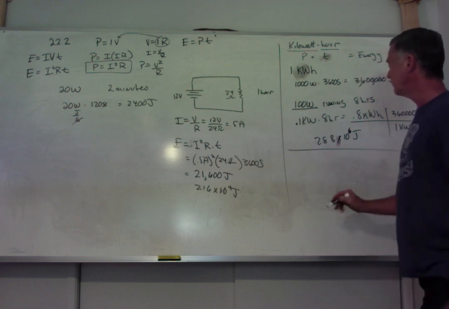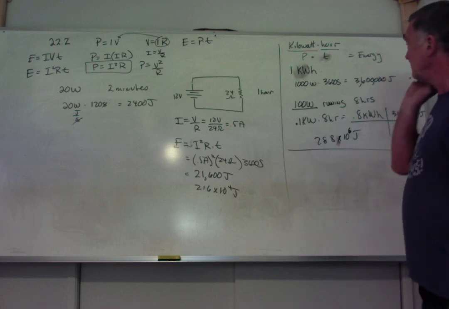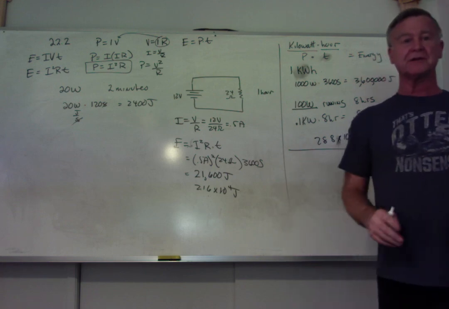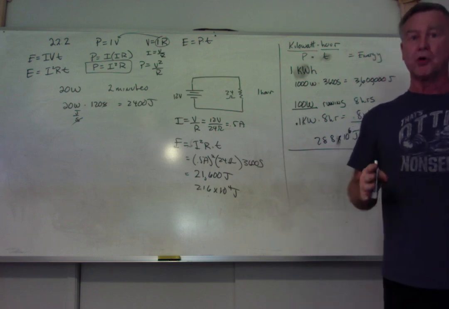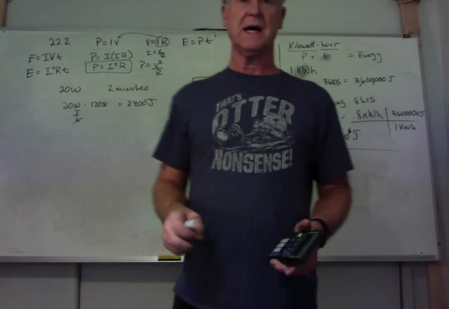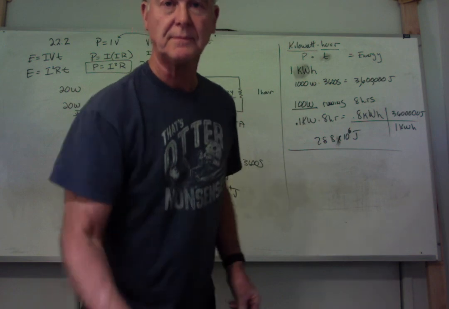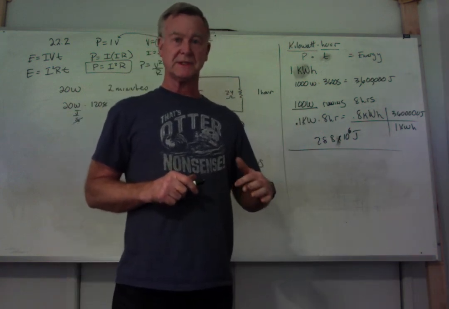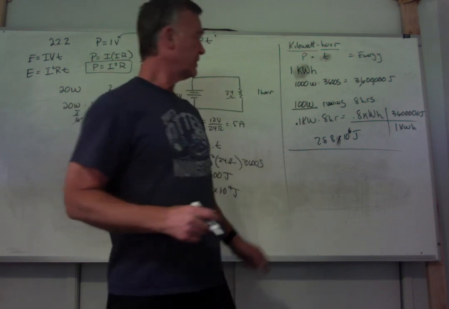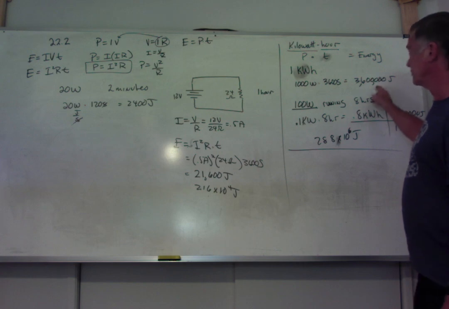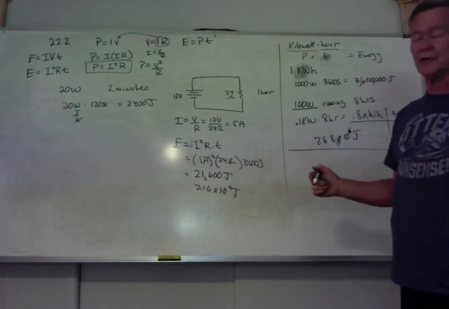Interestingly enough, when you do work with kilowatt hours, generators are so much more efficient to create electricity than batteries, that you can buy this amount of energy usually for somewhere around a quarter.